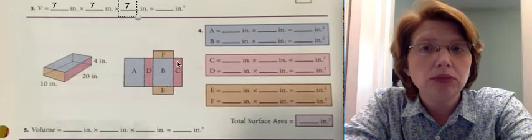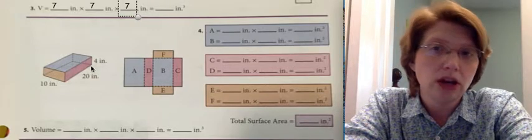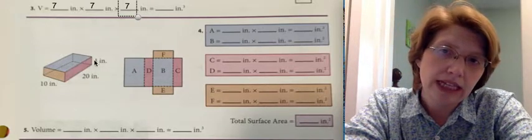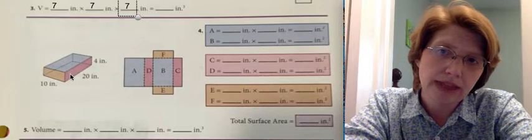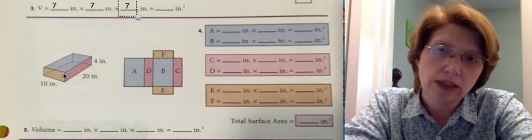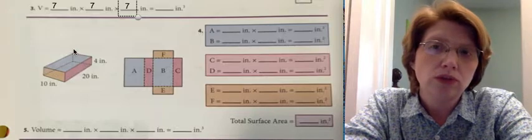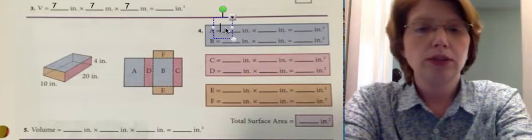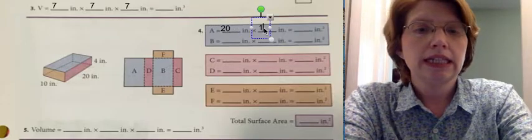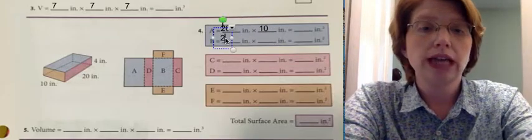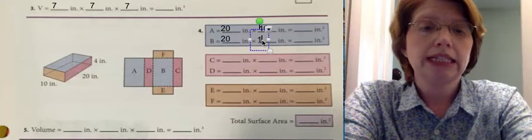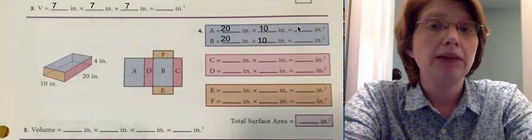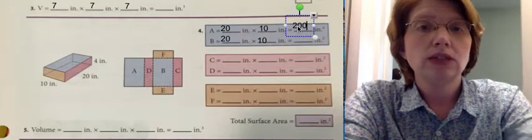So when we look at the blue area, that's the top and the bottom, we know that this is going to be the same as this length, and this is going to be the same as this. So the blue is going to be 20 times 10, and we need to do that twice, right? 20 times 10. And when I multiply that, because I have two zeros, that's going to be 200.